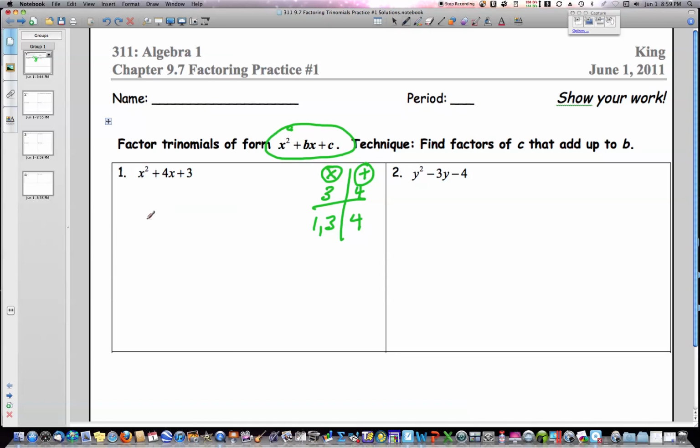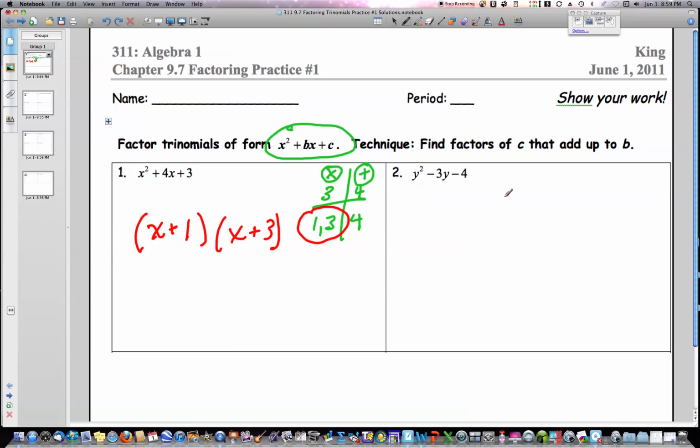So we've found our answer, because all we have to do is take these two numbers right here and form our answer: x plus 1 times x plus 3. And that is the solution. This is the factored form of x squared plus 4x plus 3.